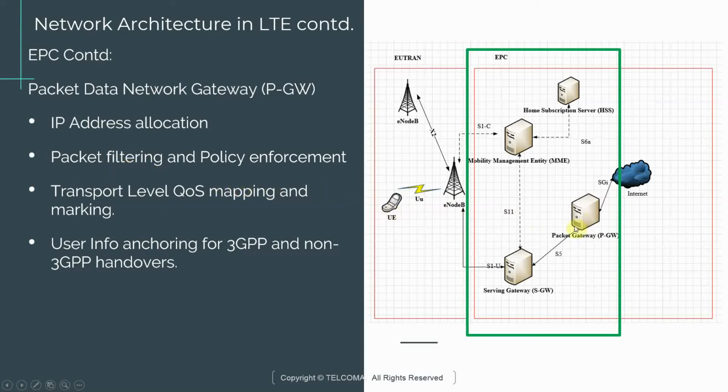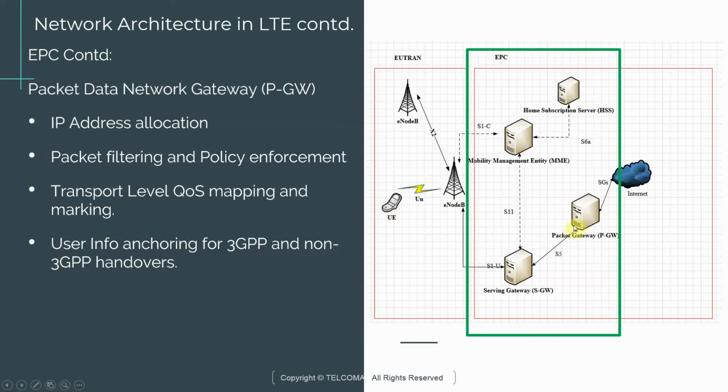So what that means is this PGW keeps track of which data needs to be sent to the UE. And the way it does that is it filters packets because it keeps track of which UE is requesting which service, and based on that service, as packets come, say, from the internet, it knows what the destination of those packets needs to be, and it makes sure that those packets make their way to that UE.